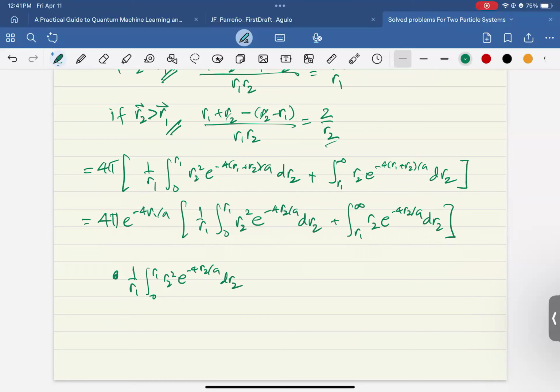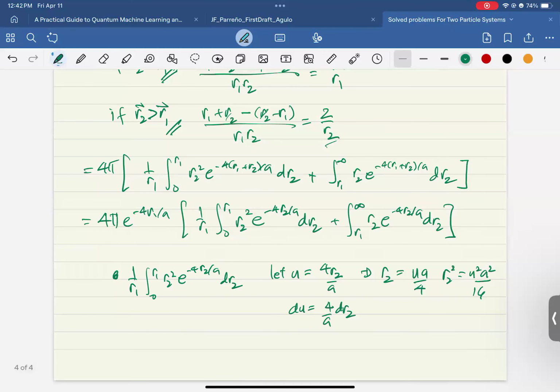Okay, and if we let u be equal to 4 R2 over A, this means na ang du ay equals sa 4 over A dr2. Okay, and then this gives us R2 is equal to u A divided by 4, o ang R2 squared ay equals sa u squared A squared over 16.